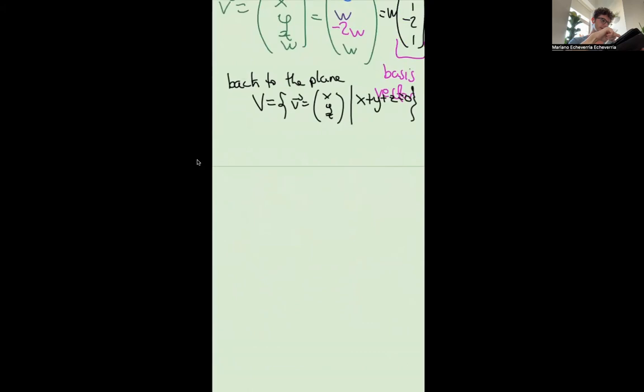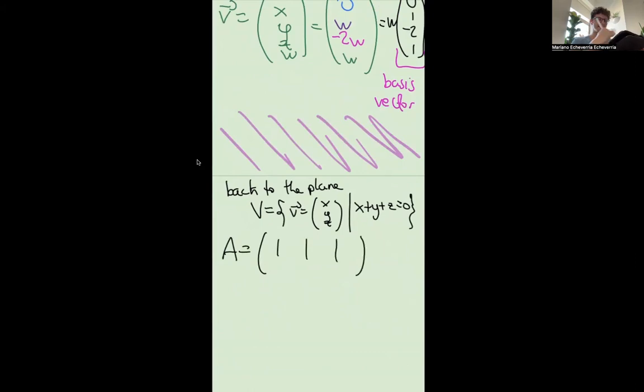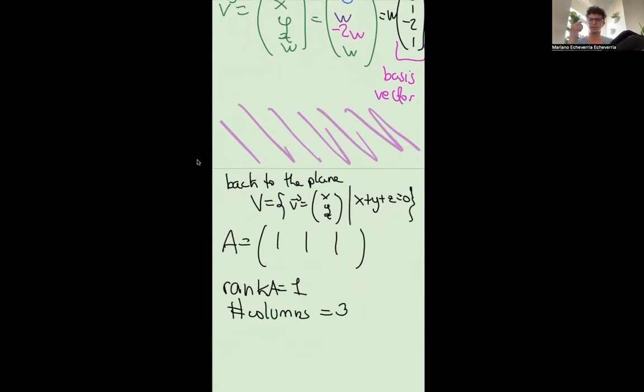It's still a null space, just a very simple null space because the matrix A is just 1, 1, 1 in this case, right? So the rank is already 1, and the number of columns is 3, right? So columns minus rank is 2, and that's why you end up with 2 variables. Is that making sense?